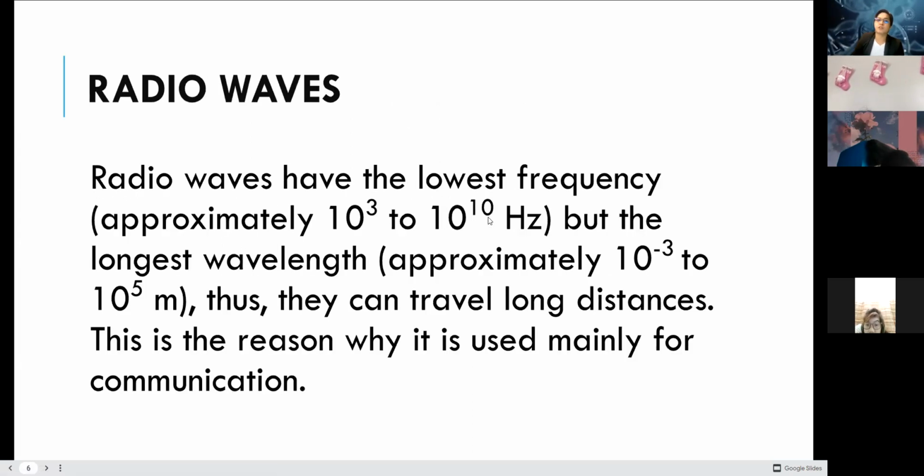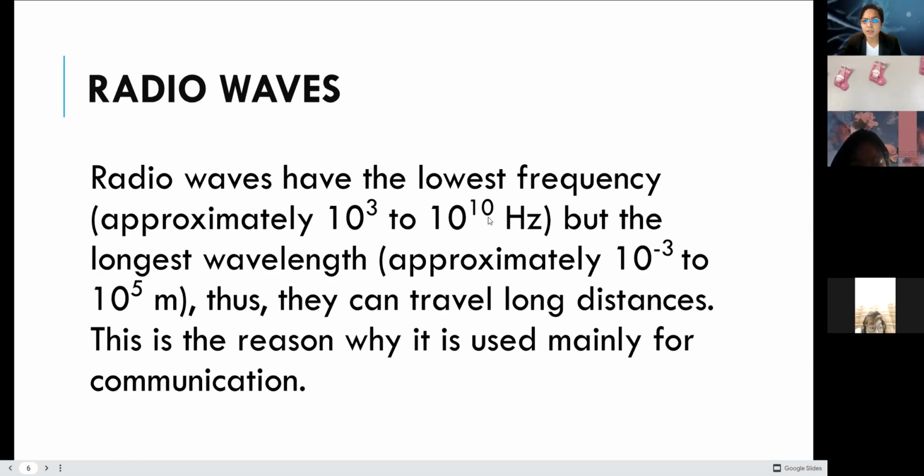Let's start with radio waves. Radio waves have the lowest frequency, approximately 10 to the power of 3 to 10 to the power of 10 hertz, but the longest wavelength, approximately 10 to the negative 3 to 10 to the power of 5 meters. Thus, this can travel long distances.